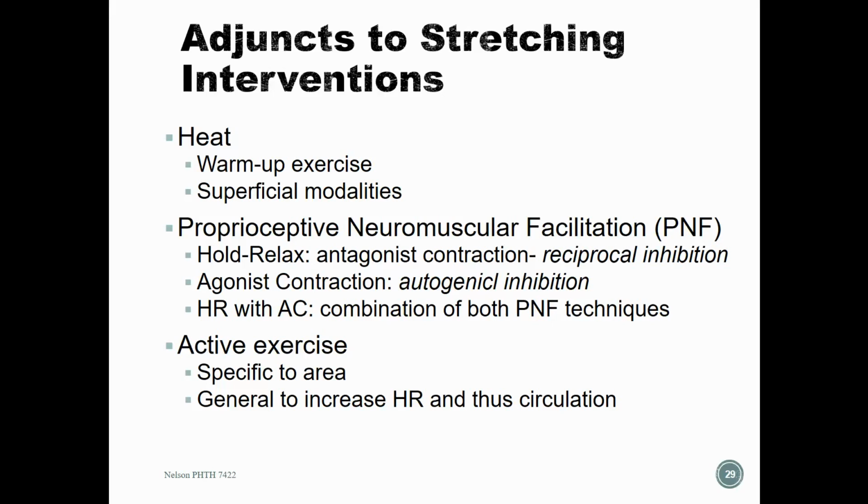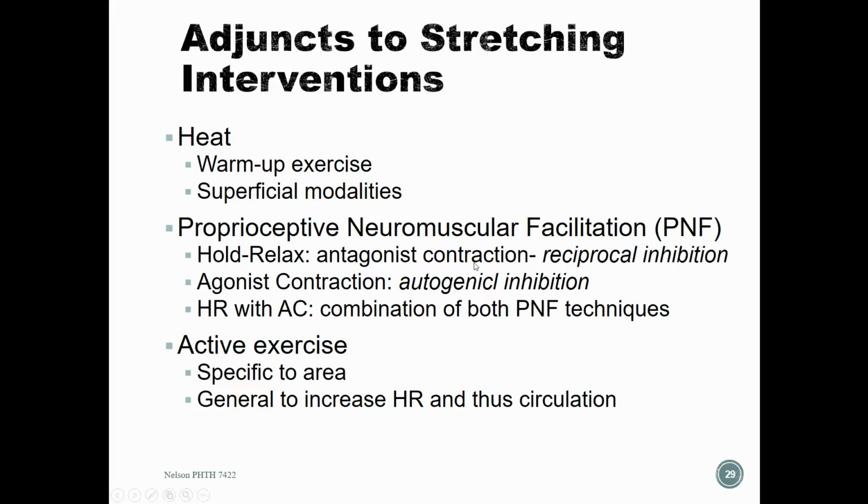We can do some active exercise called PNF. You've heard or been exposed to the patterns in Intro to Patient Management. The techniques: hold-relax, agonist contraction. HR-AC, hold-relax with agonist contraction, is kind of a combination. So hold-relax says I'm going to activate the antagonist.